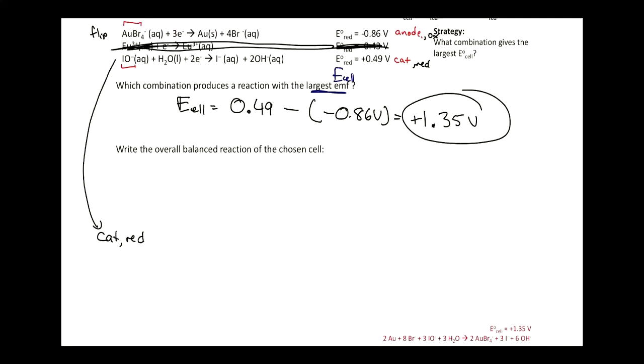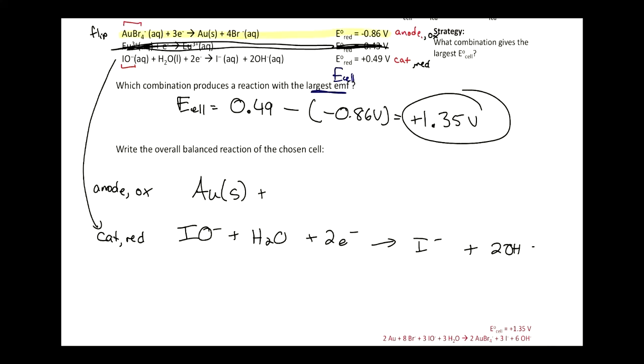So for the cathode reduction: IO minus plus water plus 2 electrons gives us I minus and 2 hydroxides. But I need to flip my anode reaction because the anode is where oxidation occurs. So the reaction that's actually happening is gold plus 4 bromides gives us that gold bromide compound and 3 electrons.